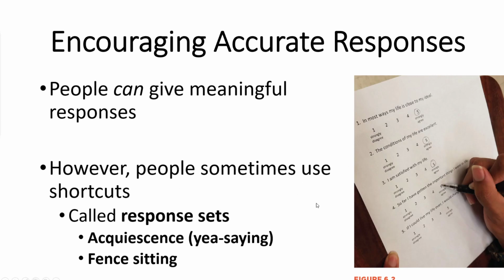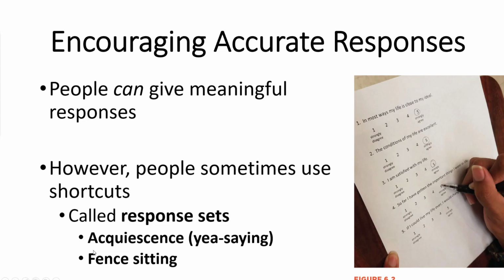This is troublesome because you're not actually getting an accurate measure of what that person thinks of any of these statements. You're just getting their default, yeah, sure, I agree. There are some ways around that, but we'll come back to that in just a minute.